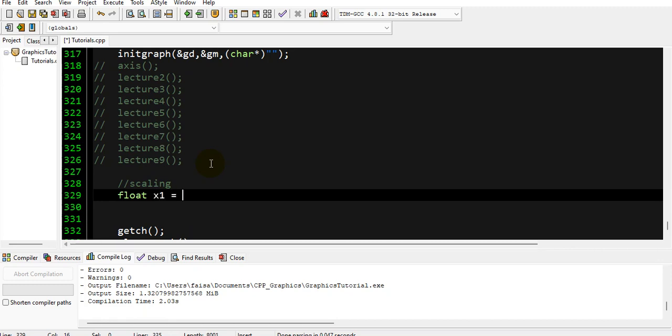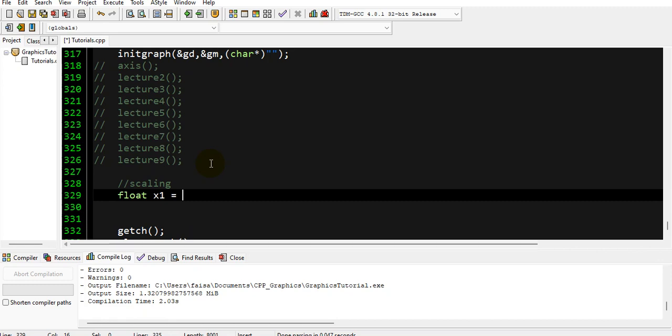Let's say x, and today I am going to use the rectangle function to draw because we don't need to scale our shape with the line function. That will be so messy because we have to write 4 lines of code for a single rectangle. So for scaling of a rectangle we can use the rectangle function.